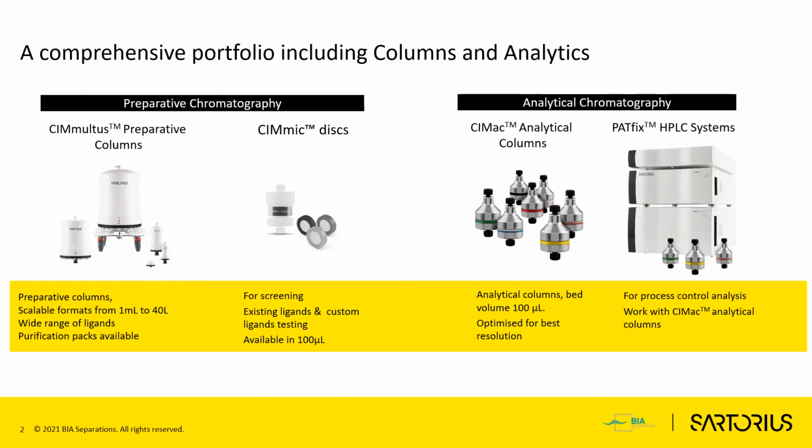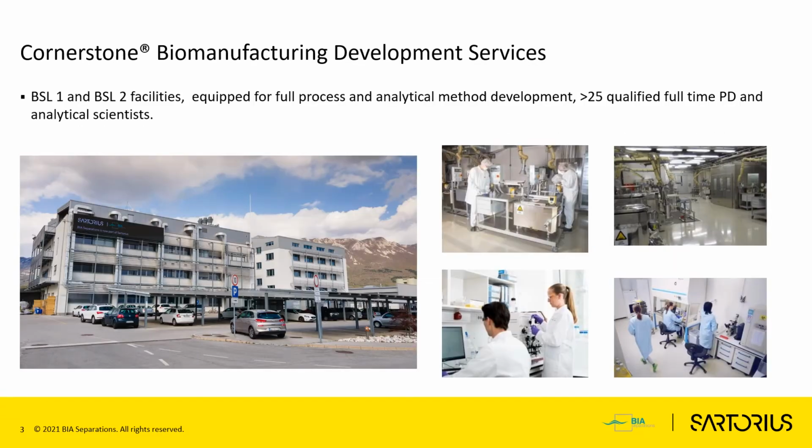We at BIA Separations SARTORIUS focus on developing products as well as solutions for purification of therapeutics, mostly used in the field of cell and gene therapy and vaccines. We manufacture market-leading CIM monolithic chromatographic columns for purification and analysis of large biomolecules such as viruses, plasmids, and mRNA. Our abounding portfolio is offering solutions to each challenge.